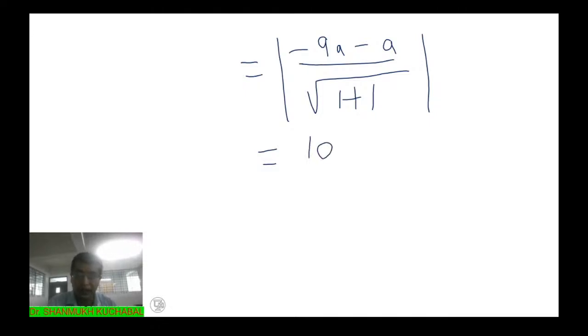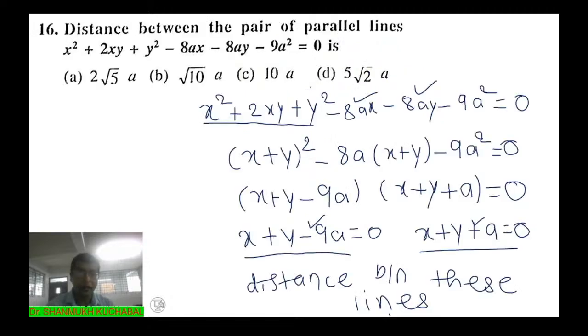So we get 10a whole divided by root 2. Further, this can be written as 5 root 2a. Therefore, the right option is option D, 5 root 2a is the correct answer.